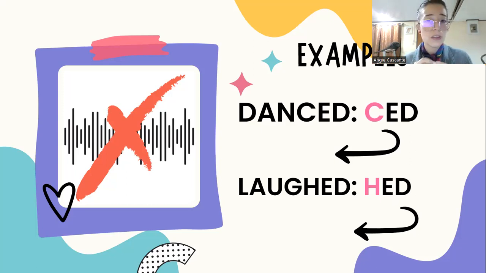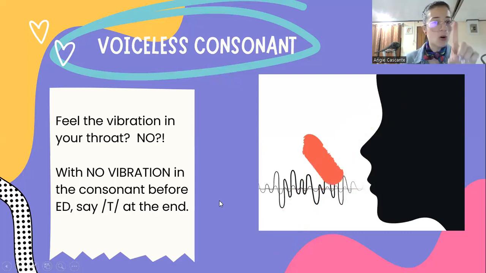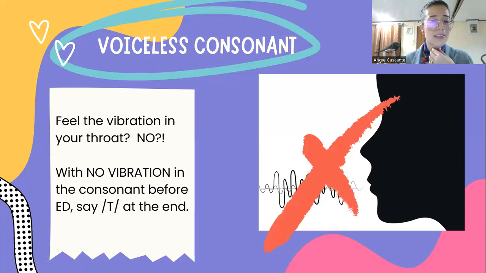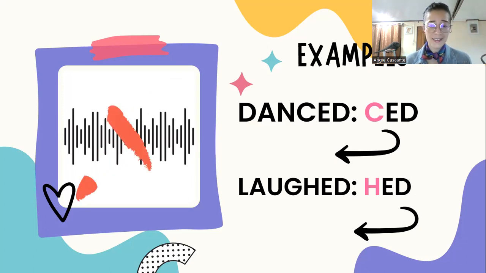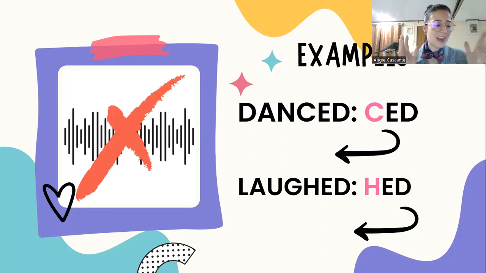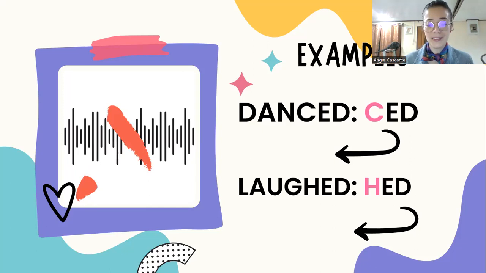Can you feel your vocal cords moving? No, right? So the rule says that if you feel no vibration on your vocal cords, that ED sound is gonna be T. So dance is gonna be danced, and laugh is gonna be laughed. Do you get it? Yes? Don't worry, I have a lot of actions for us to practice together. Okay? So what do you think if we go and practice a little bit?